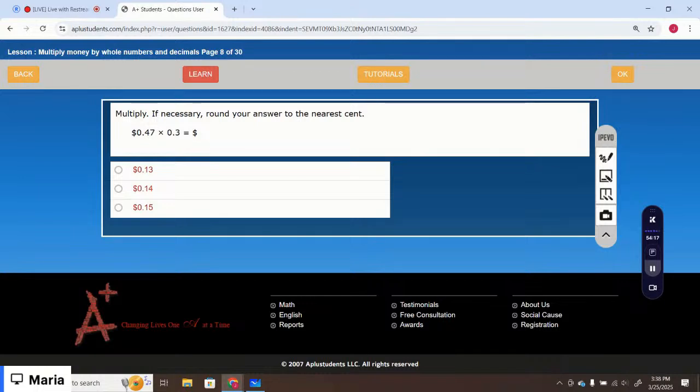Multiply 0.47 times 0.3. That is 0.14. Option number 2 is the correct option, not 1.